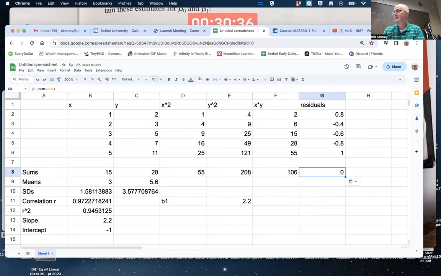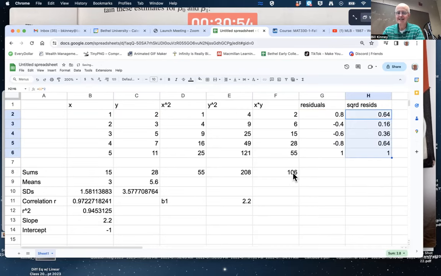That's why we don't want to minimize the residuals themselves, because you always get 0 in the sum. So we don't bother summing those, but we can square the residuals, squared resids, like this. And then we can add those numbers up and get SSE.